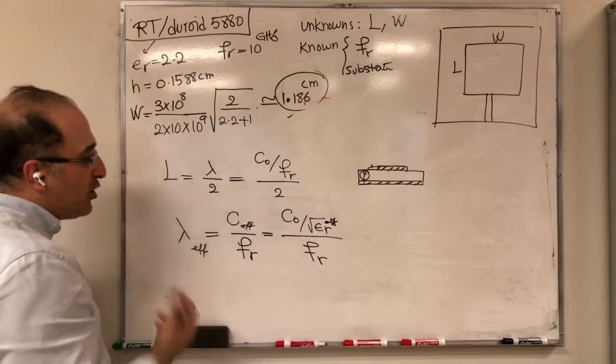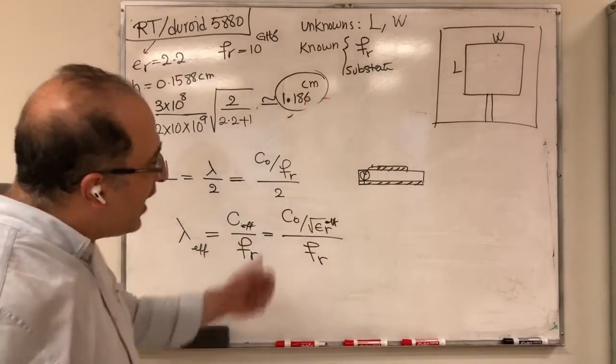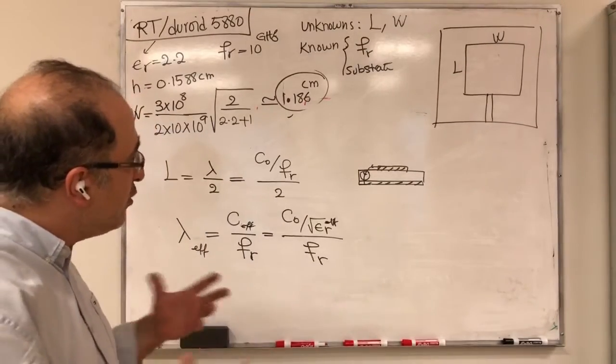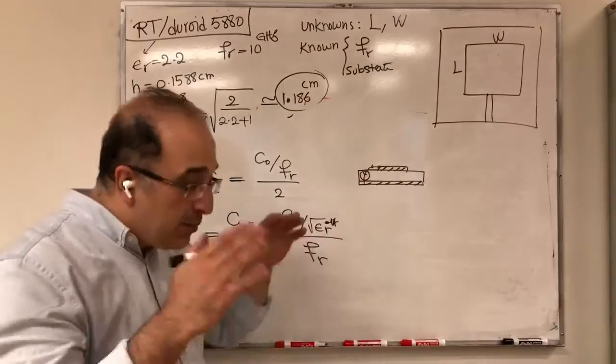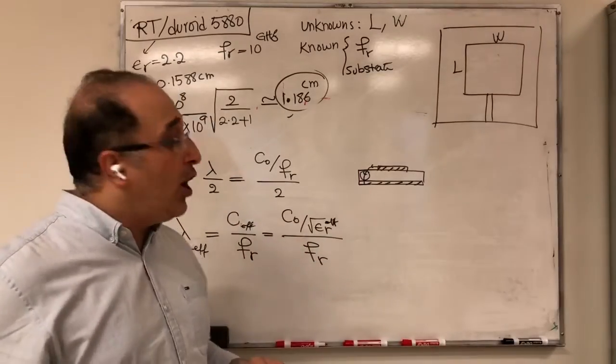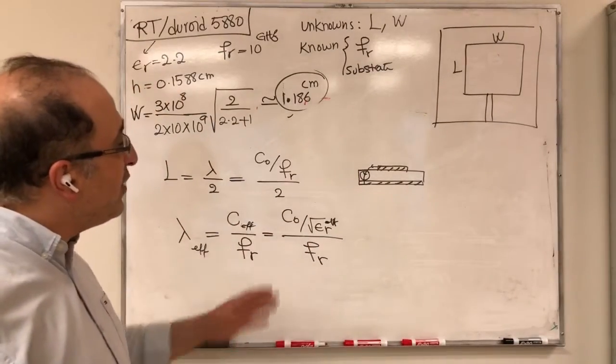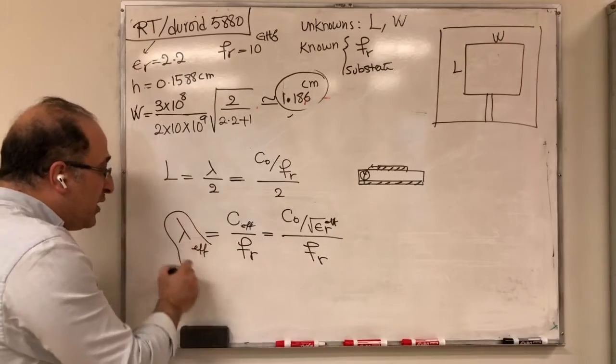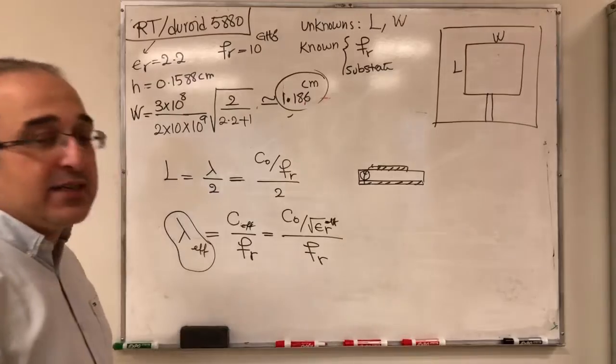So I need to have the concept of epsilon r effective, which is going to be close to the epsilon r of the substrate, because most of the field lines are in the substrate, but still we need an expression for that to get to the effective wavelength.